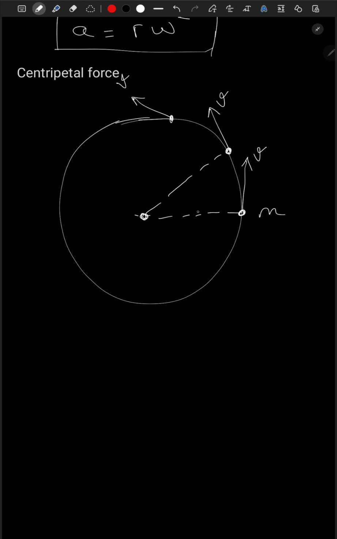And this acceleration is directed toward the center of the circle. And the force, which we call the centripetal force, is also acting towards the center of the circle.